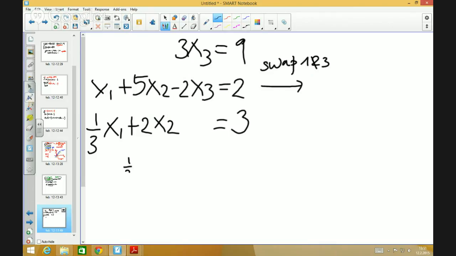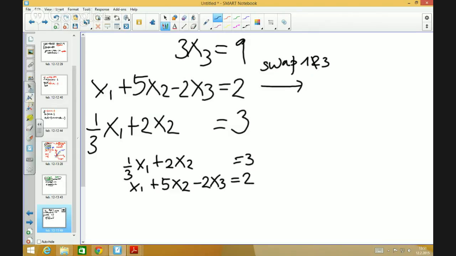I get 1/3 of x1 plus 2x2, that's equal to 3. The second one has stayed where it was. And my beautiful 3x3 has gone here.